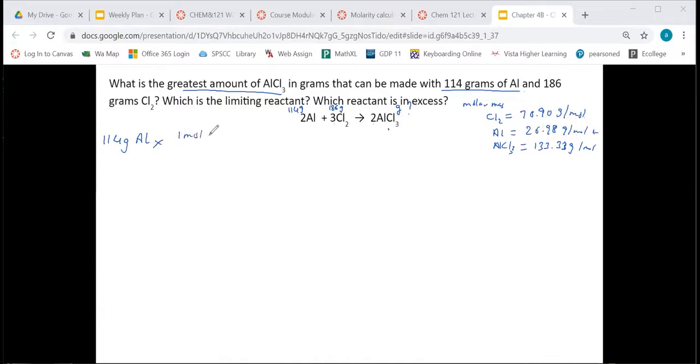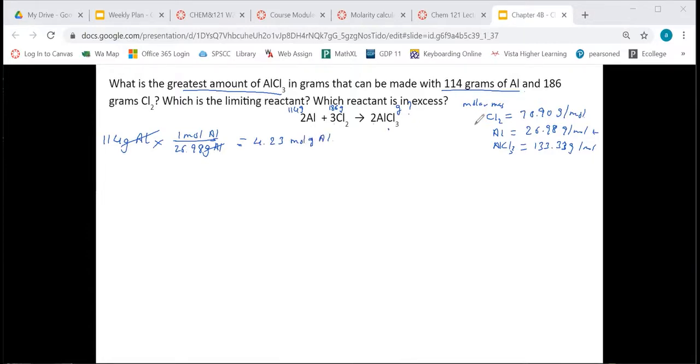So 1 mole aluminum is equal to 26.98 gram aluminum. So gram and gram cancels out. And the answer is 4.23 mole of aluminum. That's for the aluminum. So we now know the moles of aluminum.